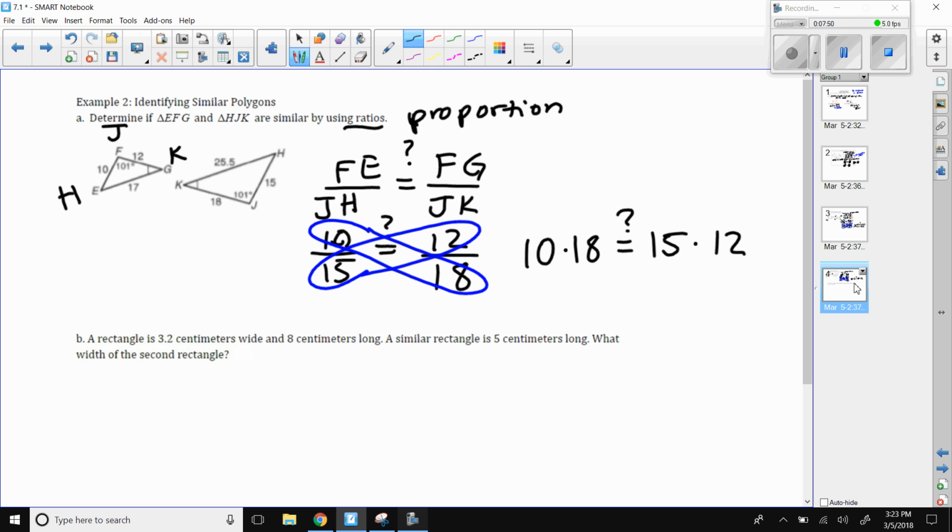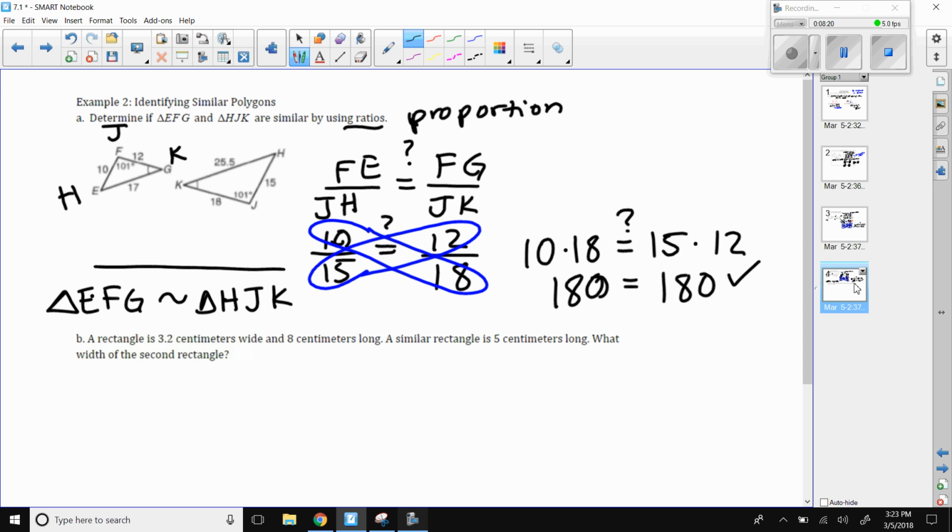So 10 times 18 gives me 180. 15 times 12 gives me 180. So this is all set. So triangle EFG is similar to triangle HJK. That's what we wanted to find out.